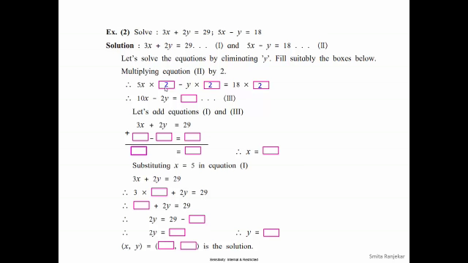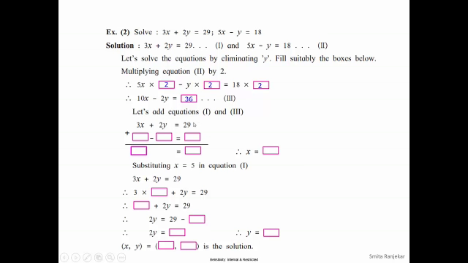So your equation will become 10x minus 2y is equal to 36. Here we have made the coefficients, that is in equation 1 the coefficient of y is plus 2 and in equation 3 it is minus 2. So they are with opposite sign. That is why we have to do the addition.